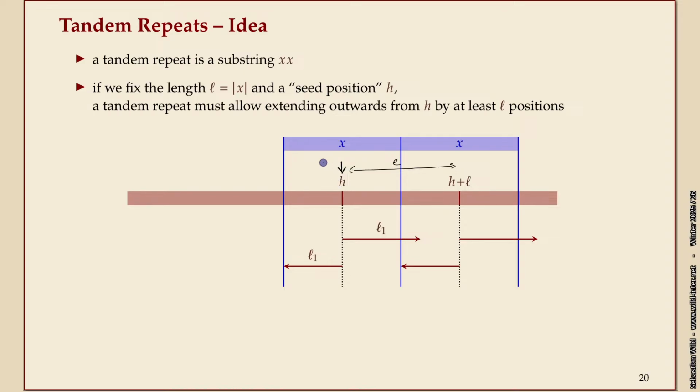Now, we don't exactly know where it starts, and we don't want to try out all possible ways. You'll see in a second how we use this seed position to be precise.